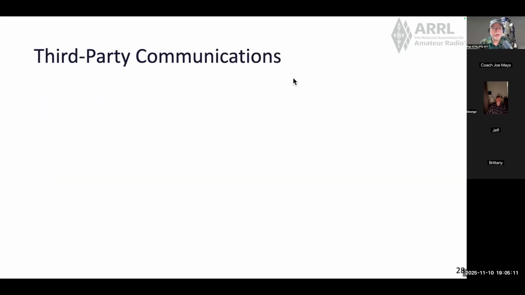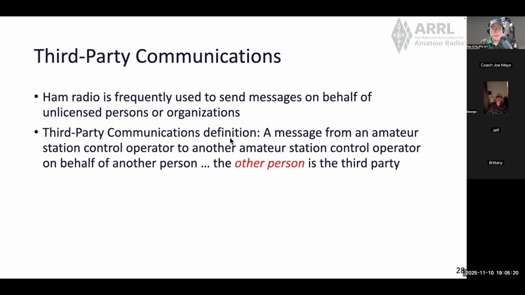Now, what are third-party communications? Ham radio is frequently used to send messages on behalf of unlicensed persons or organizations. Third-party communication definition is a message from an amateur station control operator to another amateur station control operator on behalf of another person. The other person is the third party. So let's say I have a brother that's 200 miles away and I'm communicating with my brother. He's a ham radio operator and I'm a ham radio operator.